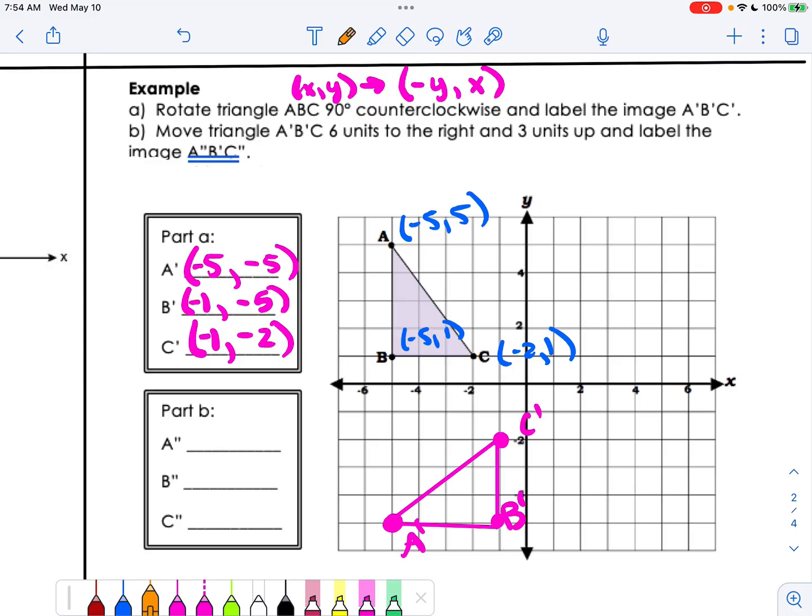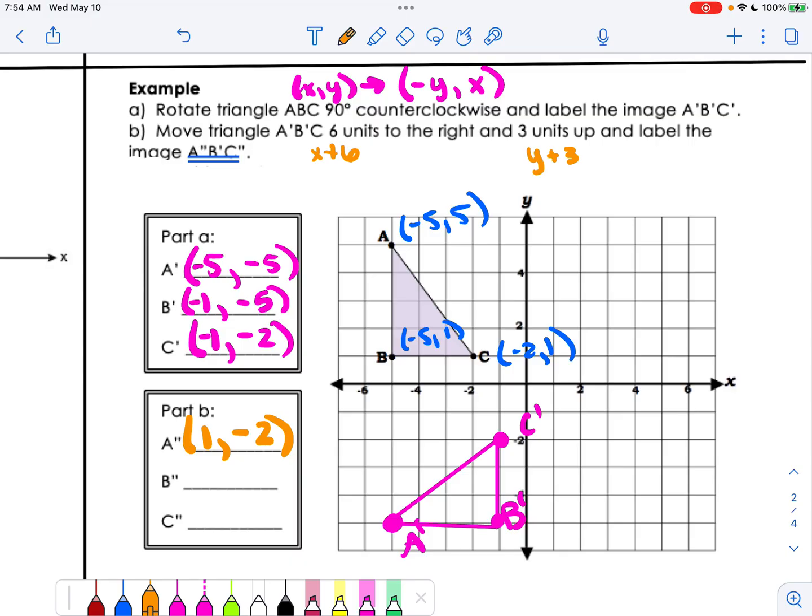Last thing they wanted us to do is take those new points and move them 6 units to the right. So we're going to take x plus 6, so every x number, we add 6 to it. And 3 units up, so y plus 3. For A, we're adding 6, so -5 plus 6 becomes 1, and -5 plus 3 becomes -2.